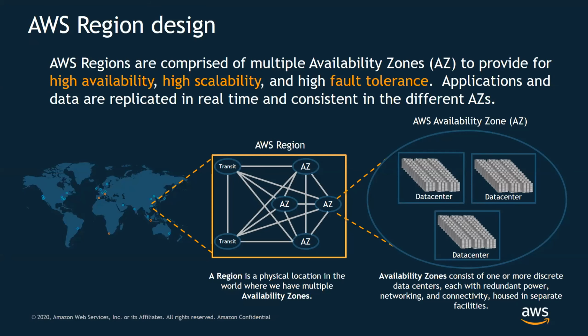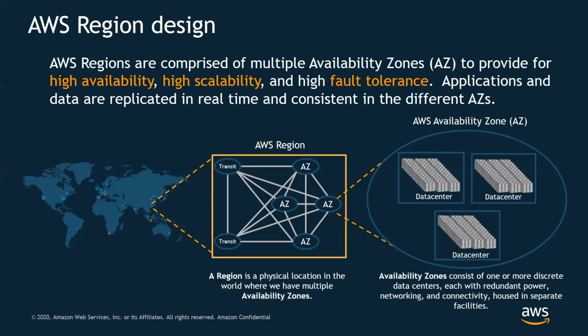And the reason we do that is because we know that stuff fails. Things fail all the time. Servers fail, storage fails, and so for most of us, this is about building an environment that can offer, if you need it, the highest availability, the highest scalability, and fault tolerance.